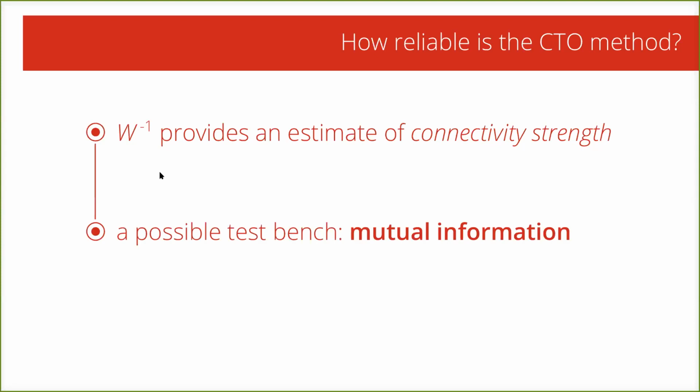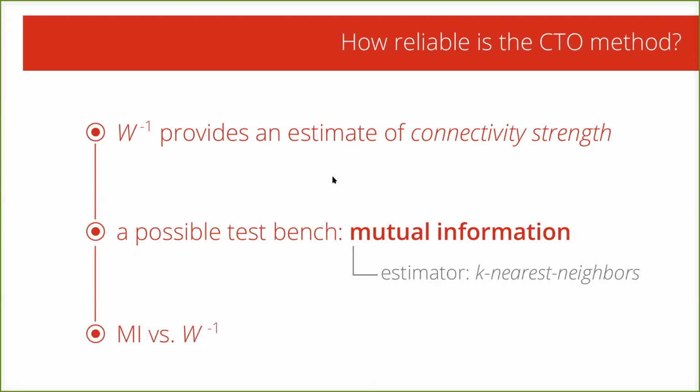Therefore, a possible test bench that we can use as a comparison to test our CTO method is mutual information, which shares some similarities with our method. For example, they are both symmetric for exchange of the two time series and non-parametric thanks to the surrogate-based significance estimation that I mentioned before.